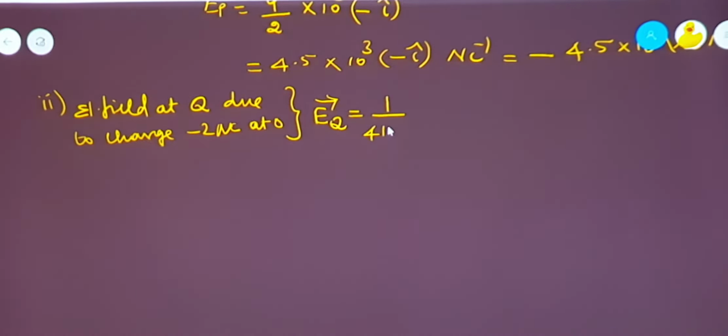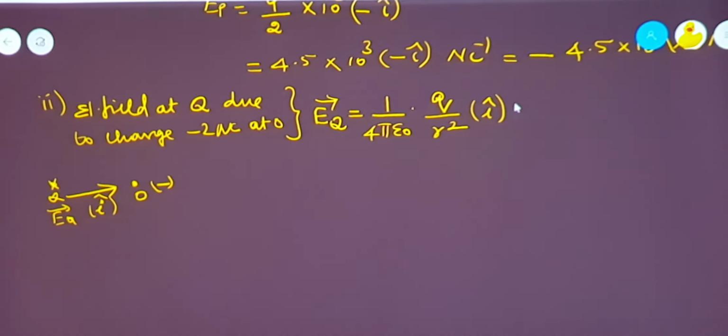Formula is 1 by 4 pi epsilon 0 Q by R square. I have told that, see, origin is here, the point is here Q, the charge is negative, so electrical field at this Q is towards the charge, so it is along the positive x-axis, so I am writing it as I cap.